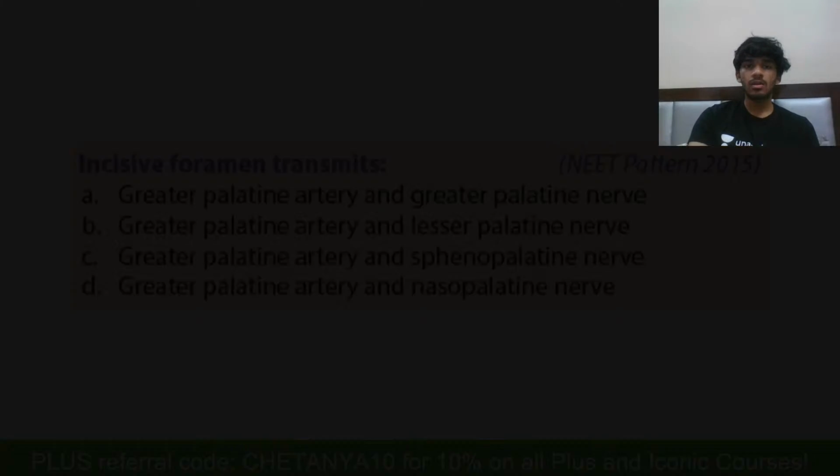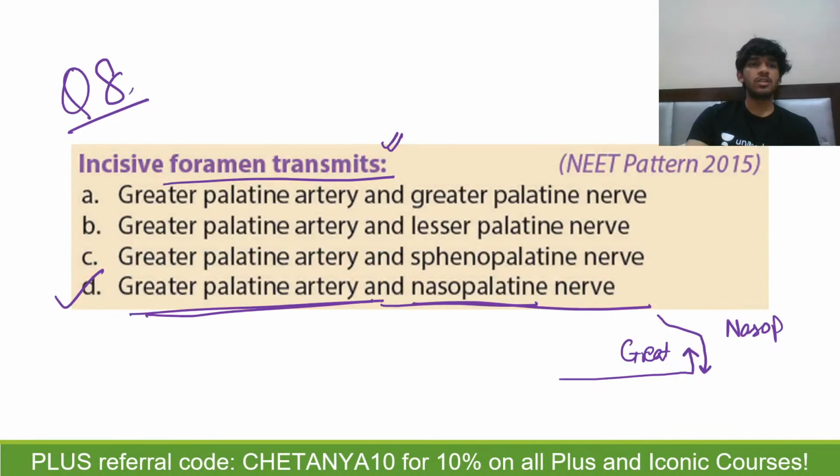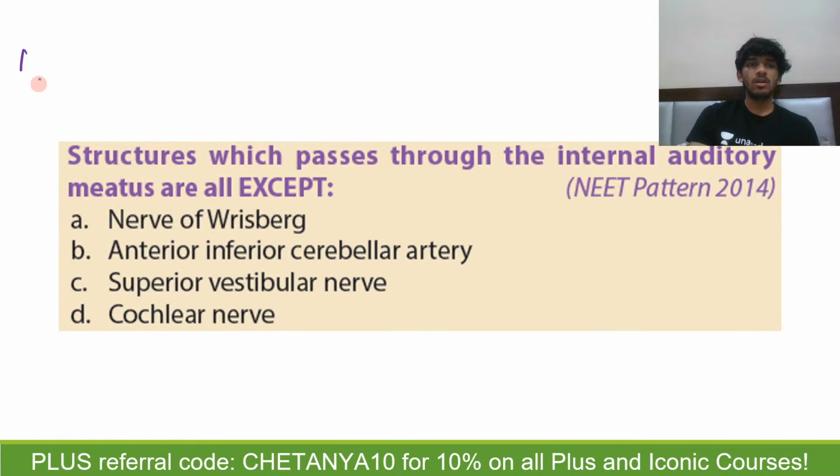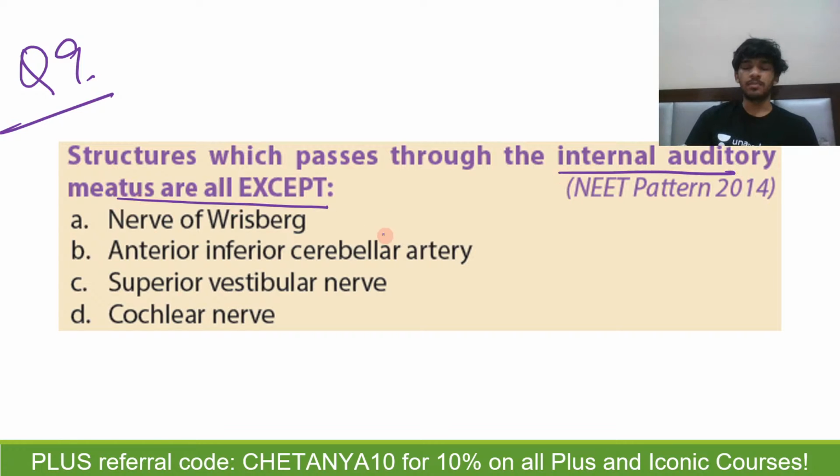Okay. So question number 9. Structures which pass through the internal auditory meatus are all except. Now this is very easy for you to attempt. Question number 9.